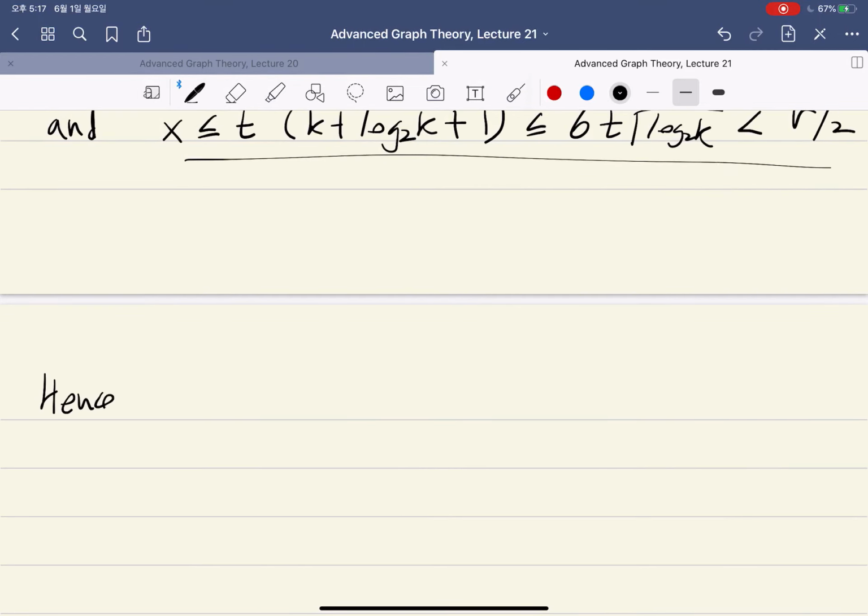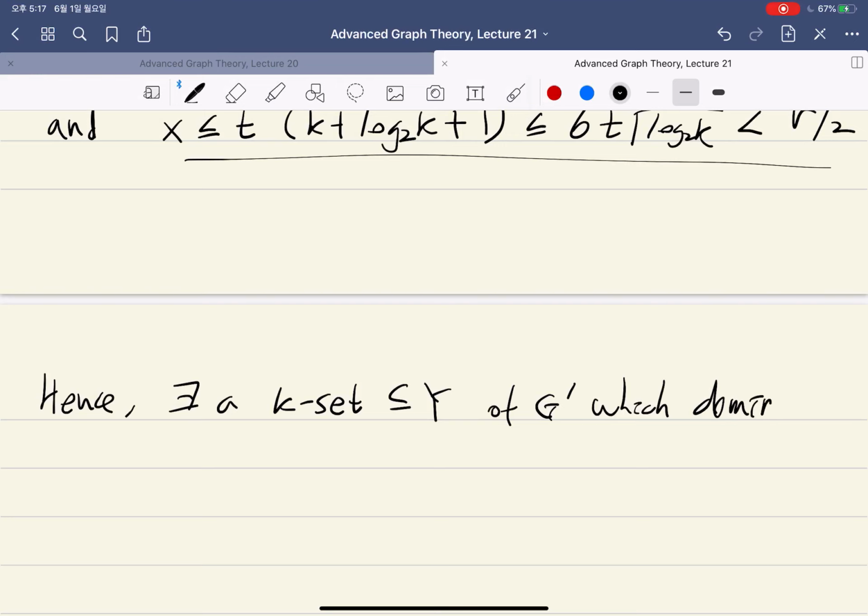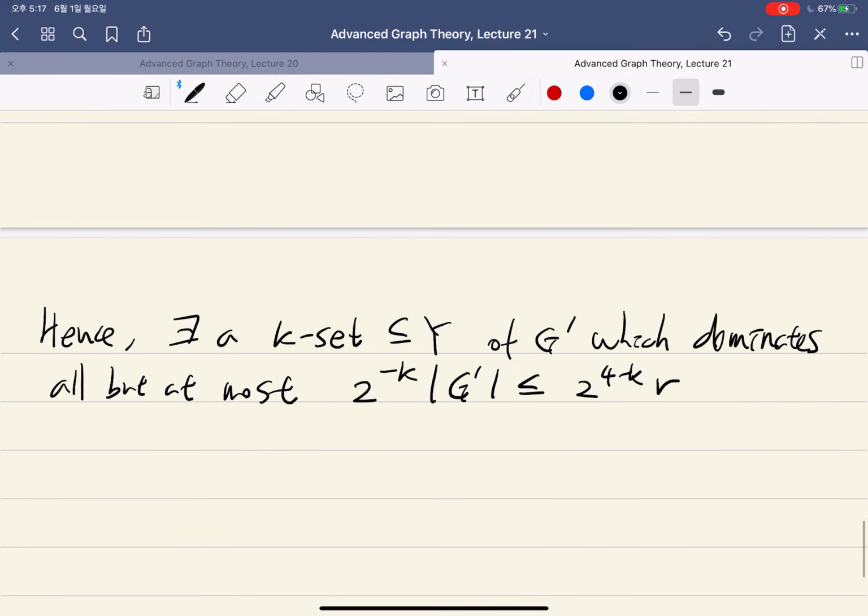So hence there is a set of size k in Y of G prime which dominates all but at most 2^{-k} times |G prime|, which is at most 2^{4-k} times r vertices.